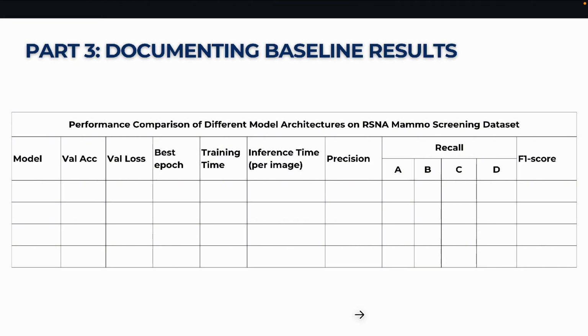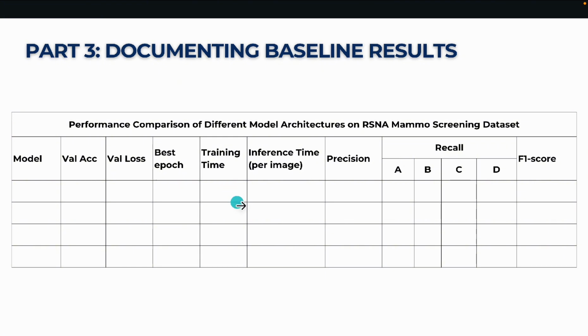Next, we have these different things that we need to store after we have trained the model. So for example, we'll first save the name of the model, the validation accuracy that it achieved, the validation loss that it has achieved. Next, we'll save the best epoch, meaning the epoch that had the best performance or the best accuracy or the least loss. We are going to add it over here. Next, we are going to add the total training time that it took for the model to train.